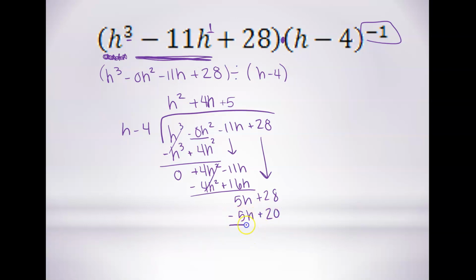Change our signs. And we get 0 plus 48. That 48 is what we call our remainder. So when we write our answers, we like to write them as the remainder plus the quotient over the divisor. So our final answer is the quotient plus the remainder over the divisor.